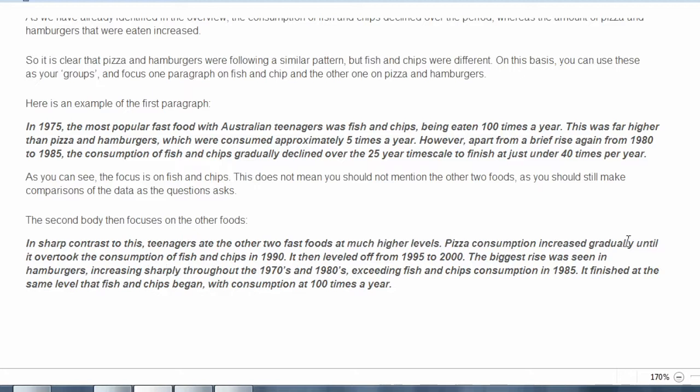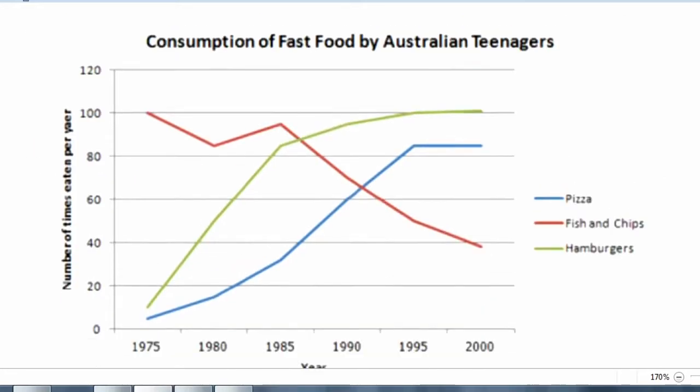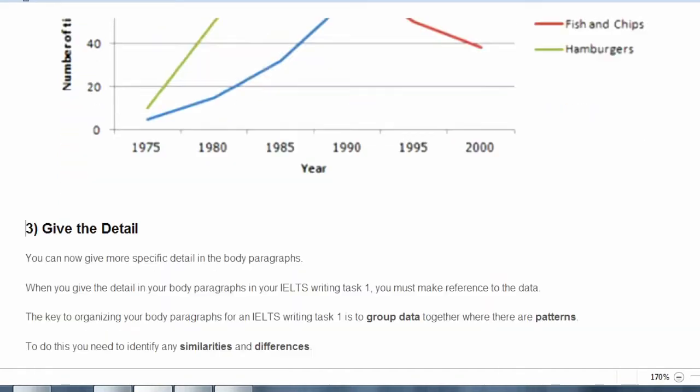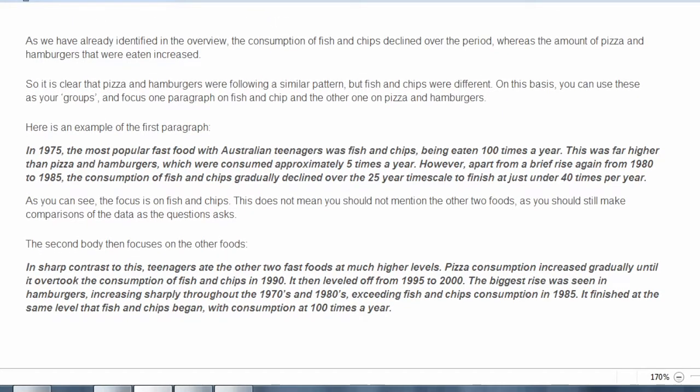The second piece of information which we're going to include now is about the consumption of pizza and hamburgers, which starts from around 5 items consumed per year, because maybe they were introduced at that time. So we are going to talk about that too. Here we can see that hamburgers are consumed more than pizza at that time.